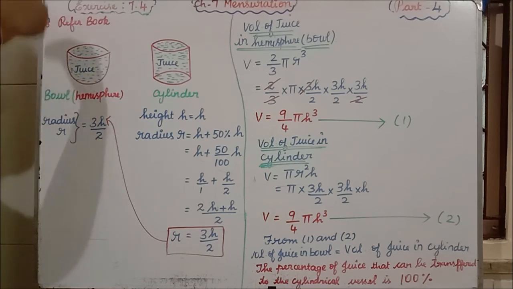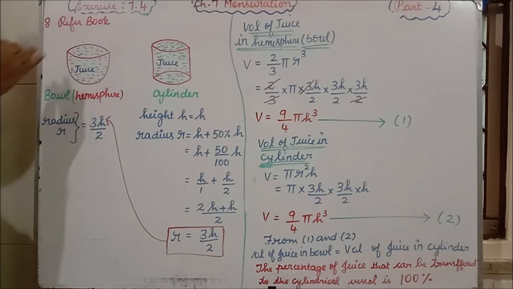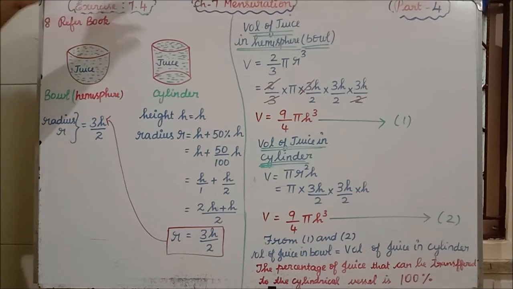Whether the full juice, meaning 100%, we can pour out, or whether half, like 50%, we can pour out, like that we have to find the percentage. Clear students, all of you?